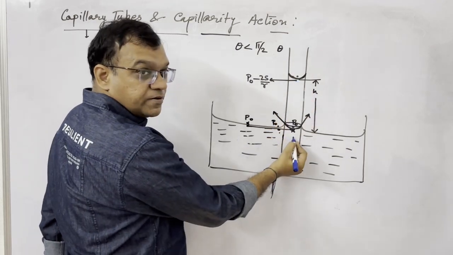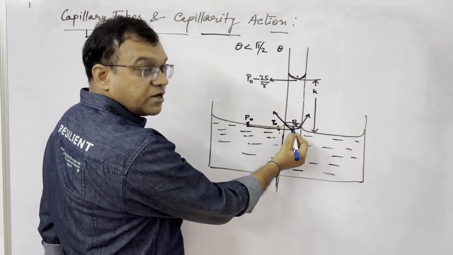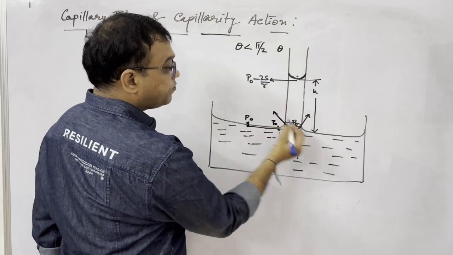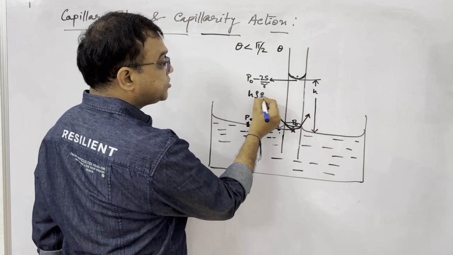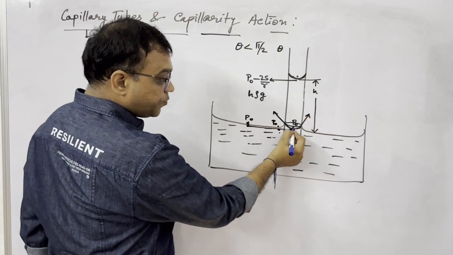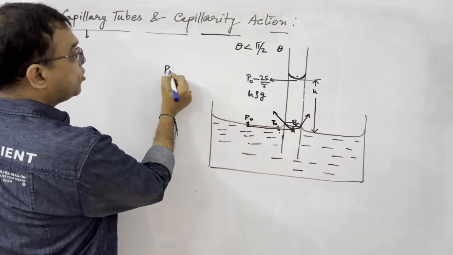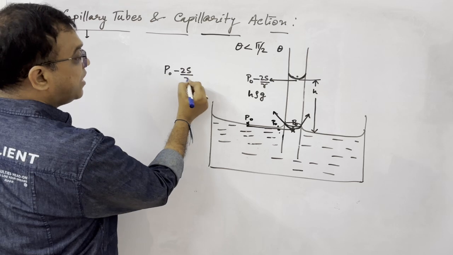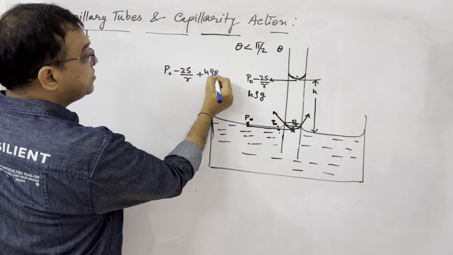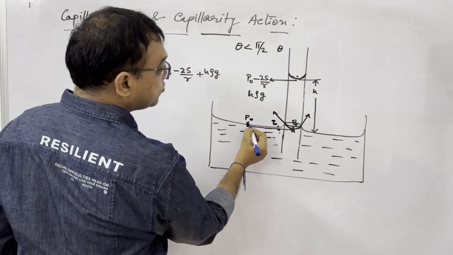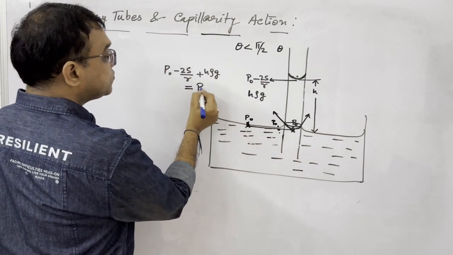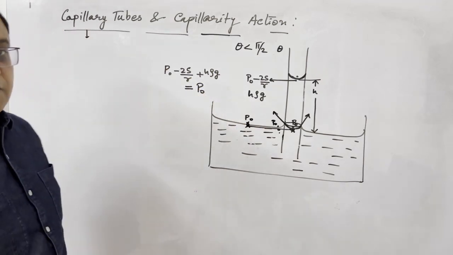Now the hydrostatic pressure, here pressure increases by rho g h. So the pressure here will become P naught minus 2S by r plus h rho g, and that has to be equal to the atmospheric pressure P naught.